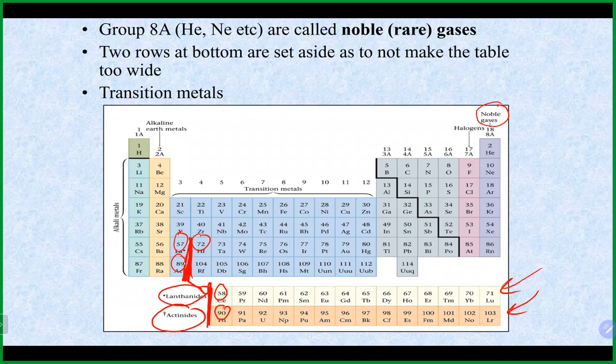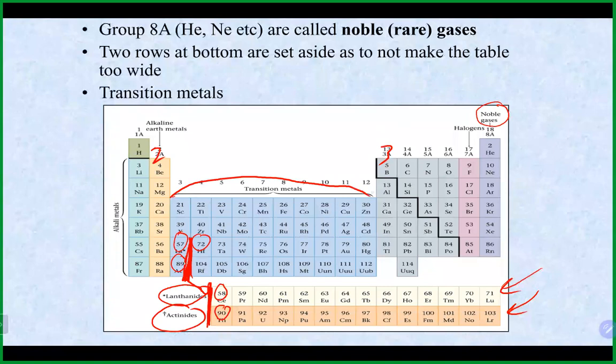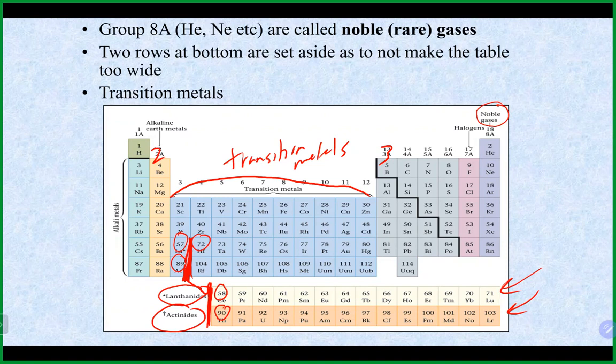Now, between group number 2 and group number 3 on the periodic table, that is where we find our transition metals. Our transition metals can have multiple or varied charges. Those are the elements in blue here on the picture between group 2 and group 3.